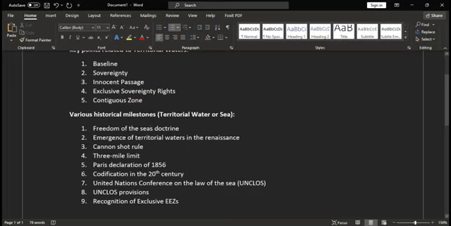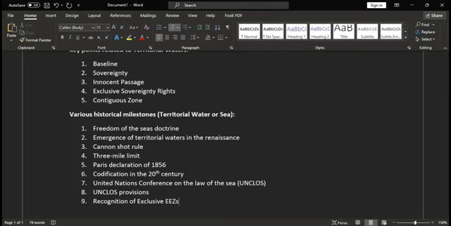Talking about the various historical milestones for the territorial water or sea. First one here is the freedom of the seas doctrine. Second is the emergence of territorial waters in the Renaissance. The third is canon shot rule. The fourth is 3 mile limit. Fifth, Paris Declaration of 1856.